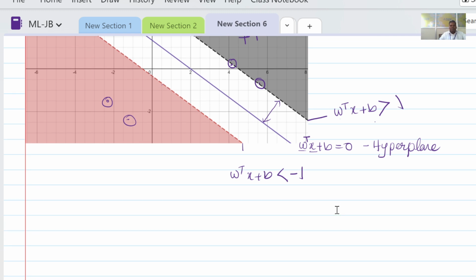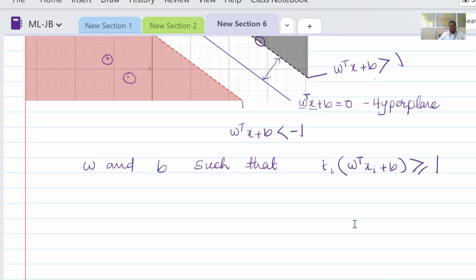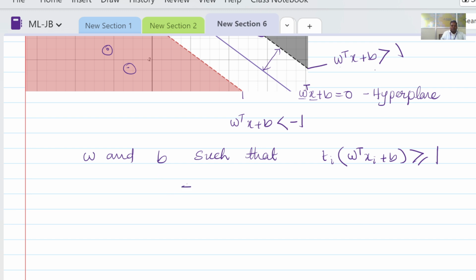So what is our problem in SVM? We want to find the vector W and B (W is of course a vector, B is not) such that the target value into W transpose into xi plus b is greater than or equal to 1, equal to 1 for support vectors. Now suppose it is the plus 1 category, that is, the target value is plus 1.